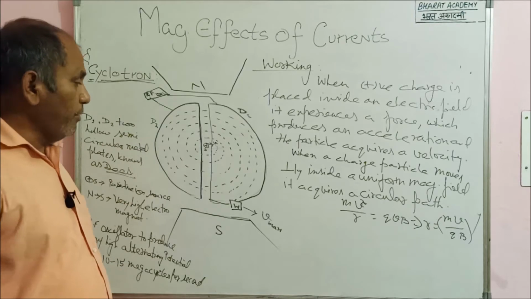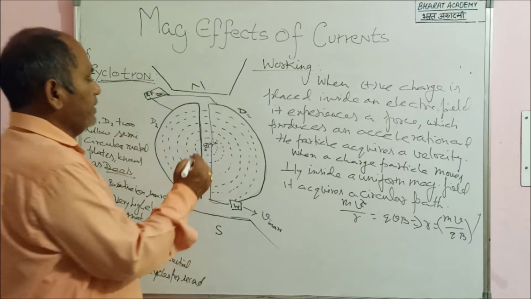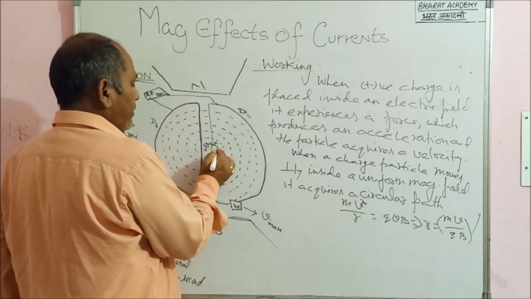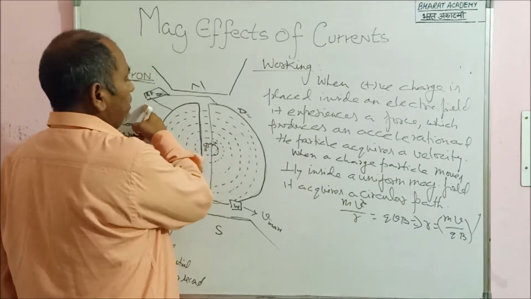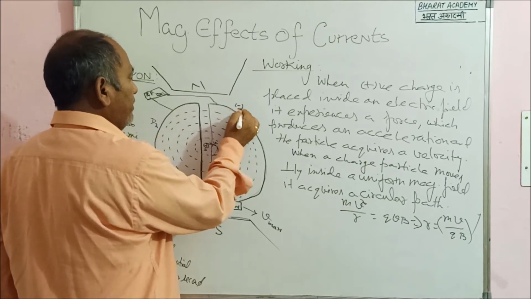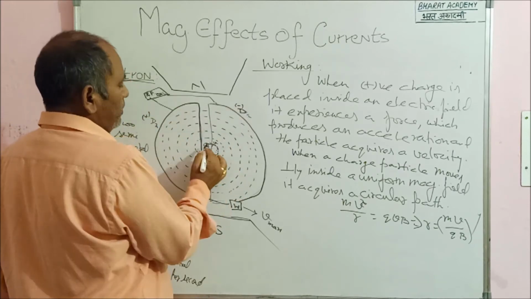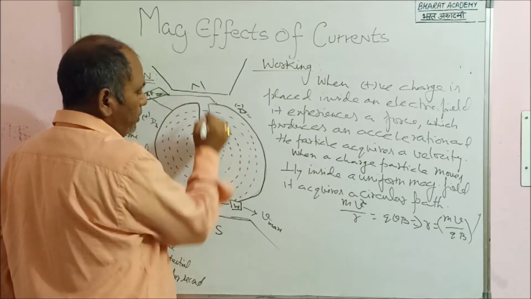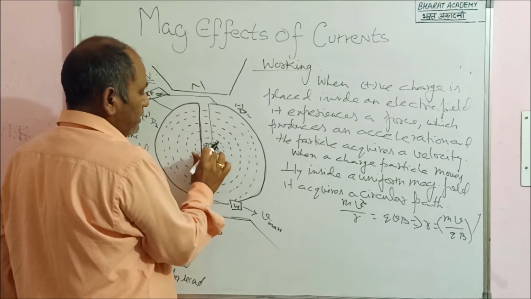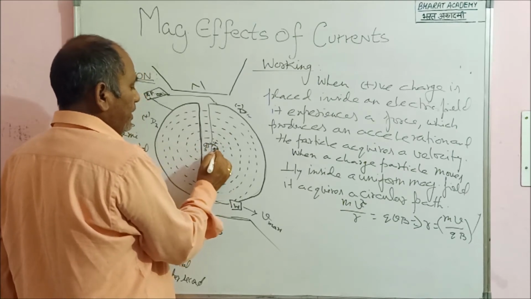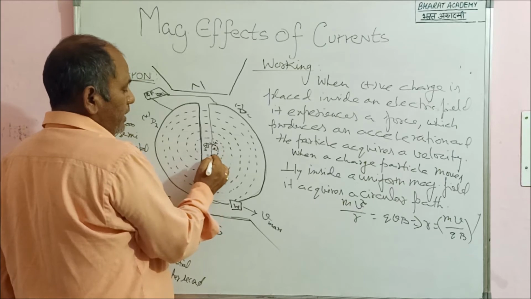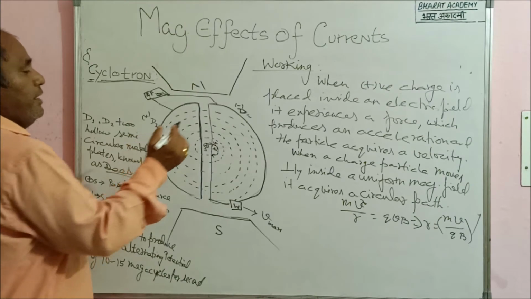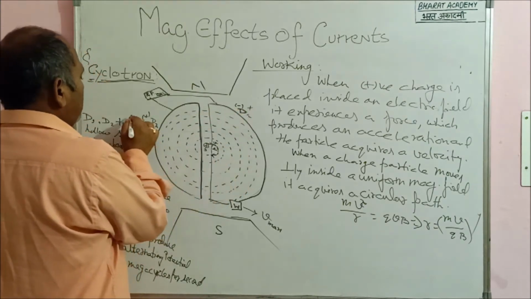Now the work of this oscillator comes into play. At first, the charged particle is entering the D1. Suppose in the first half D1 is negative and D2 is positive. So this charged particle will be attracted toward D1 and it will move perpendicular to the magnetic field. It will acquire a circular path like this one of radius r. As soon as this particle completes its semicircular path, the polarity of the Ds changes. D1 becomes positive and D2 becomes negative.